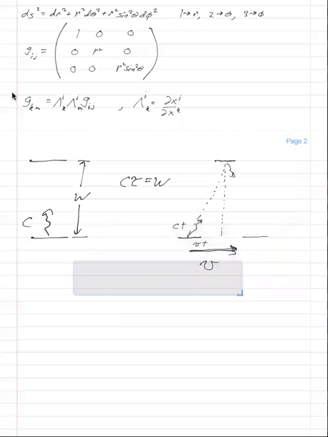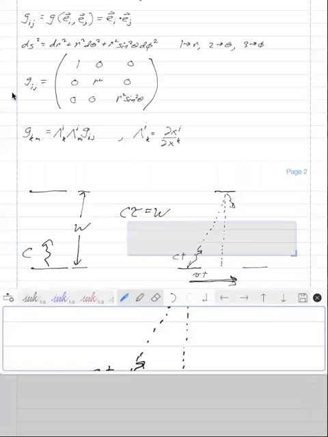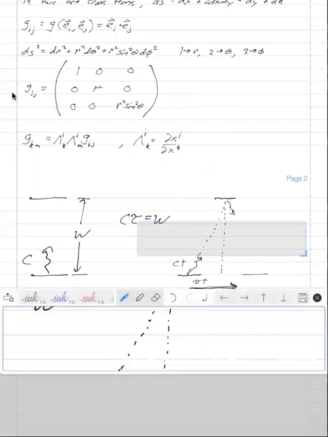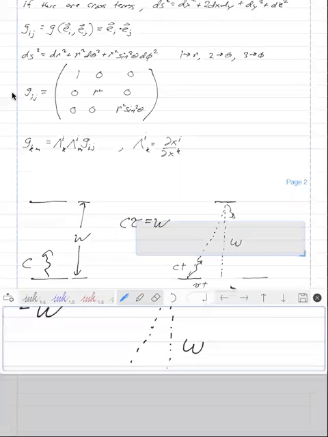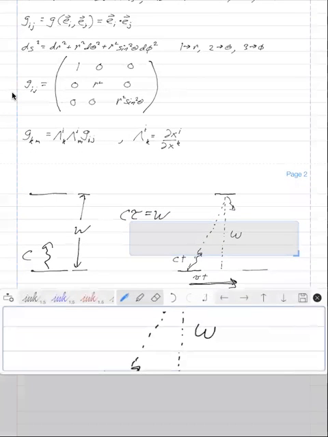So now let's work this out. And again, you can prove this, but I'm going to postulate that the distance vertically is still w, that perceived distances that are perpendicular to the motion do not appear to change.